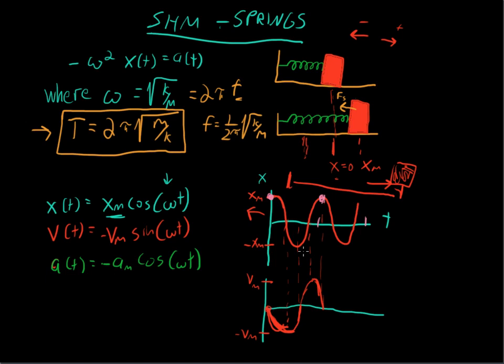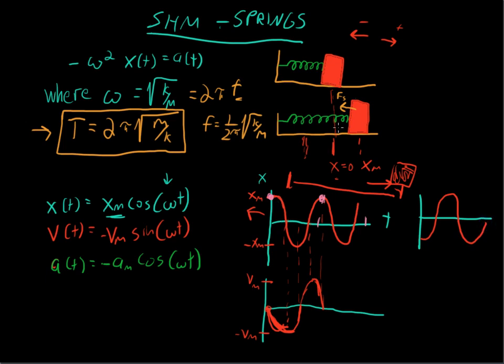And what that would look like is really just like this one, only flipped around. I'll just sketch it out here real quickly. So it's going to start down here, and it's going to go up and down and so on. And it's just going to be the mirror image of this.